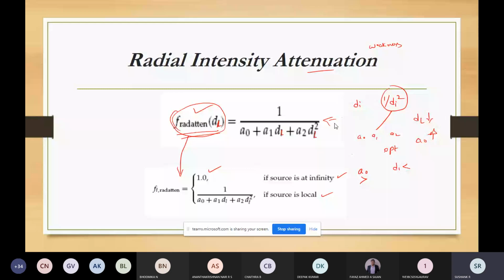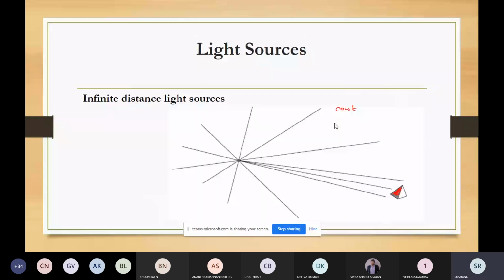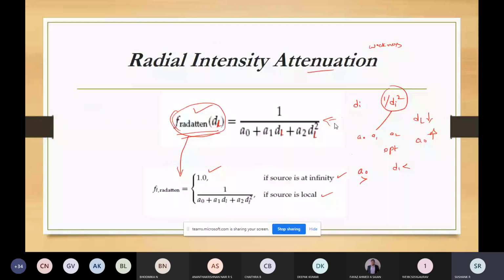In light sources, we have two kinds: one is the point light, and the other is light from distant sources, and radial intensity attenuation. So this is radial intensity attenuation. Any doubts here?